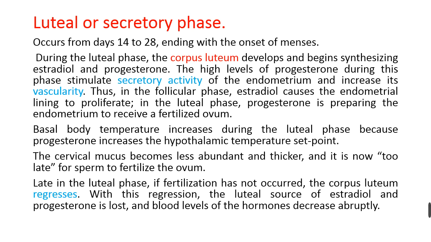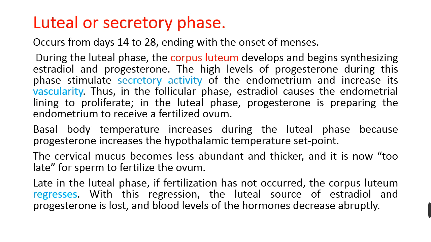This high level of progesterone will stimulate secretory activity of the endometrium and increase its vascularity. Thus, in the follicular phase, estradiol causes the endometrial lining to proliferate. In the luteal phase, progesterone is preparing the endometrium to receive a fertilized ovum.